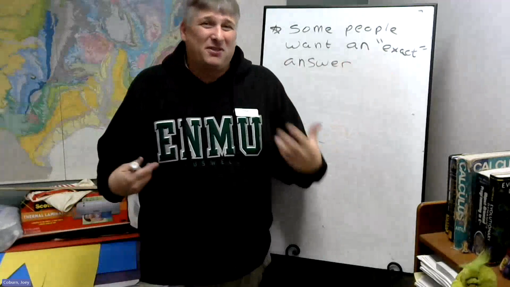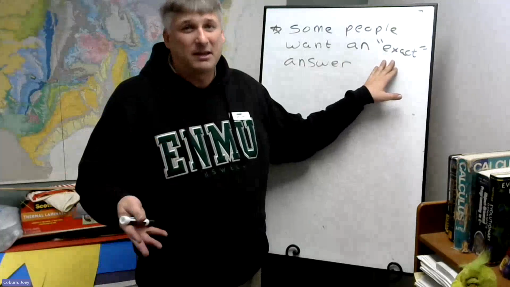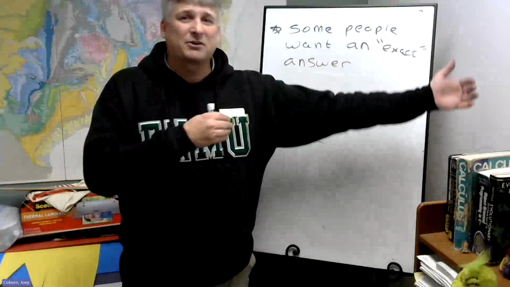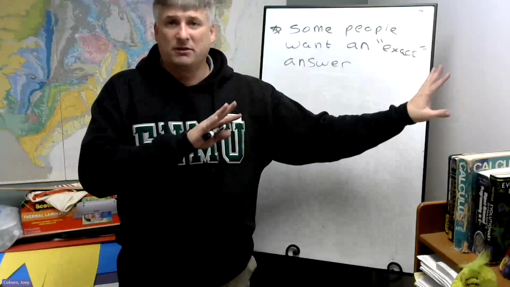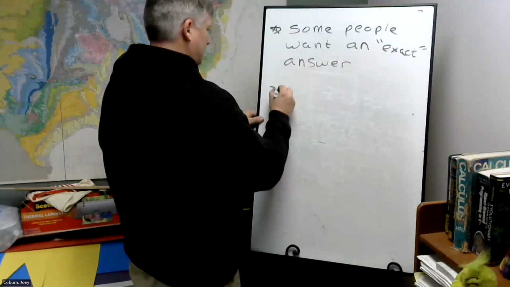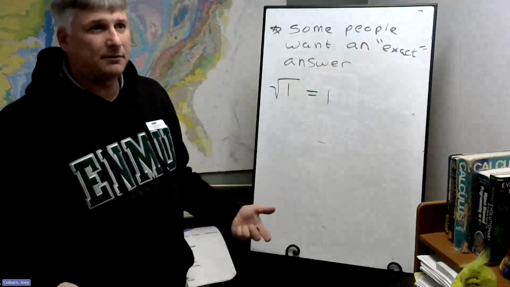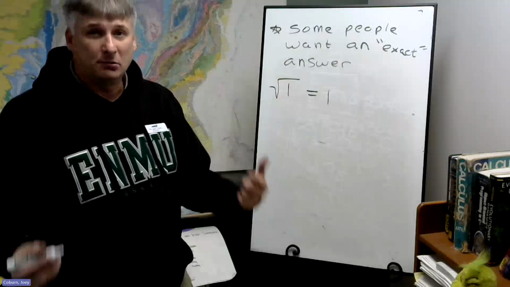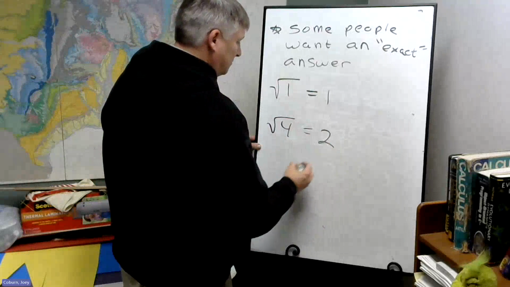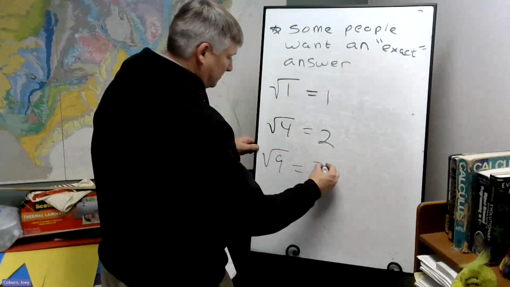Usually, I think of exact meaning rounding off, but really another way of calling this is a symbolic answer. And that means if you take the square root of a number and you get an irrational result, don't try to round it off. So for example, square root of 1 is 1, since 1 times 1 gives you 1. Square root of 4 is 2. Square root of 9 is 3.